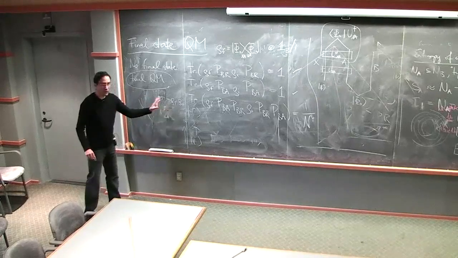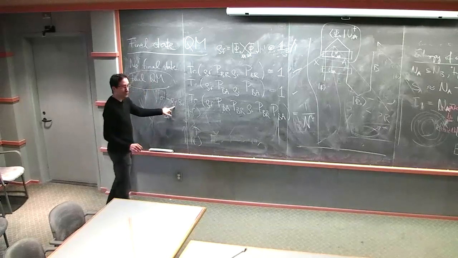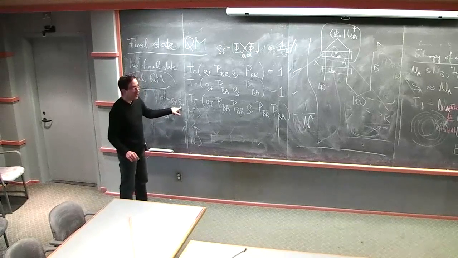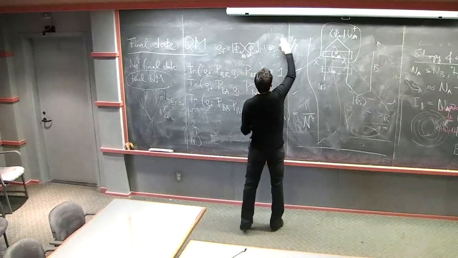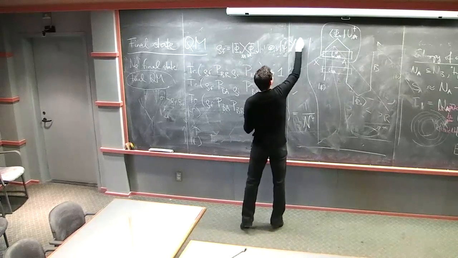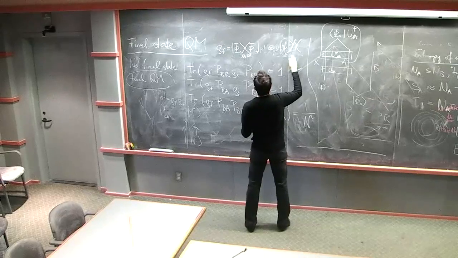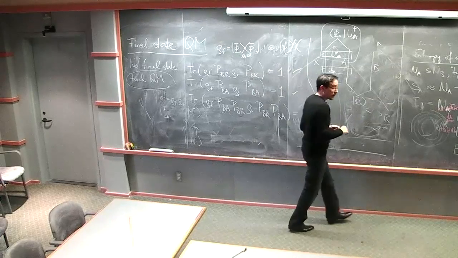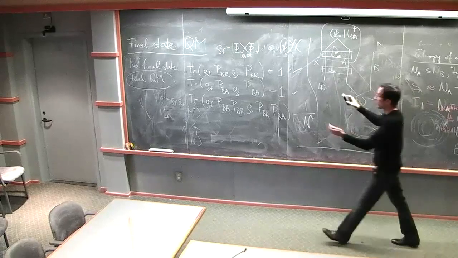You can normalize the trace to 1. So this is the product of the initial and the final state. It's a direct product or a product? Sorry, no, a matrix product.